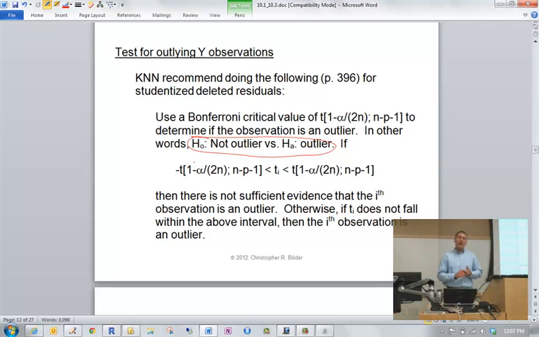Well, our authors recommend using a Bonferroni adjusted critical value. We've talked about the Bonferroni procedure before, and they say simply this: instead of just having alpha divided by 2, put alpha divided by 2 times n, so that 2n is in the denominator.